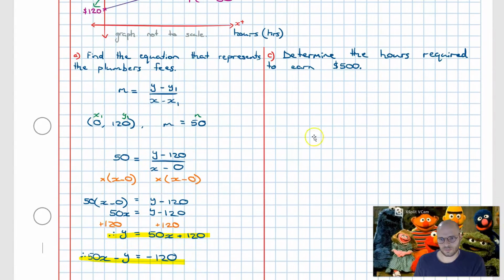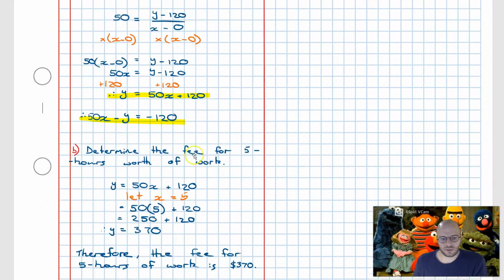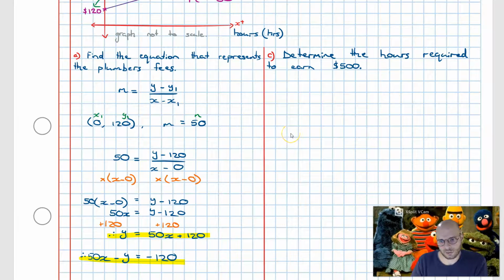Moving on, we have part C, determine the hours required to earn $500. Basically a similar question to what we did before. We're starting off with our mathematical model. Y equals 50x plus 120.